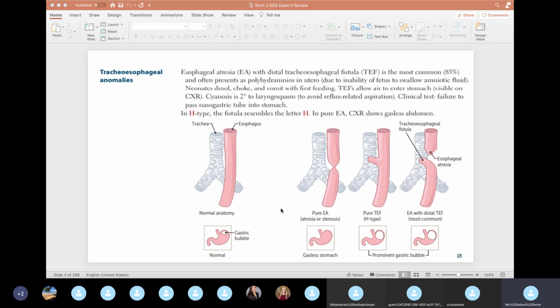Drooling, choking, and vomiting with first feeding. The neonate can have cyanosis. How? Due to laryngospasm. Why? To avoid reflux-related aspiration. How am I going to test this? Failure to pass a nasogastric tube into the stomach.